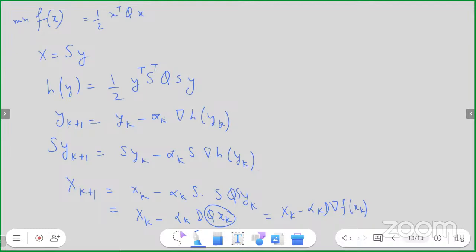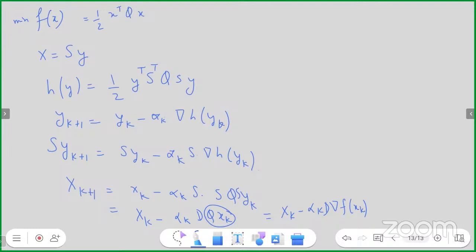Now, what control do I have over this matrix via D? Effectively, by choosing D, I'm choosing S. Q was a matrix given to me. I have transformed this problem to look at a new matrix, which is S transpose Q S, and the max and min eigenvalues of that matrix now matter.